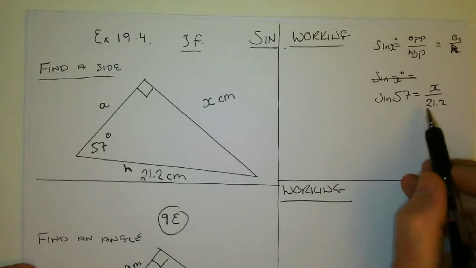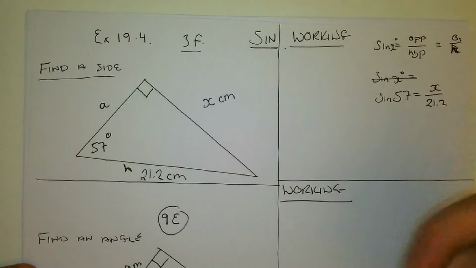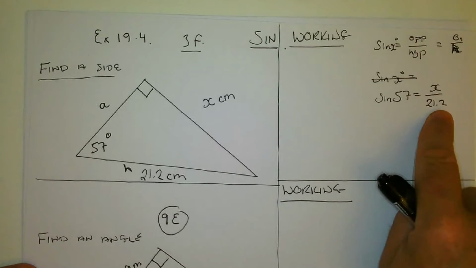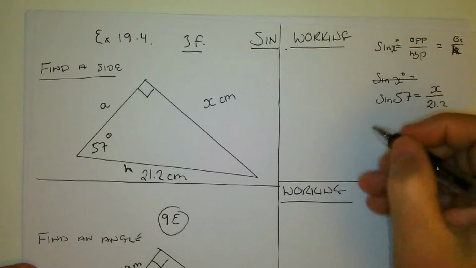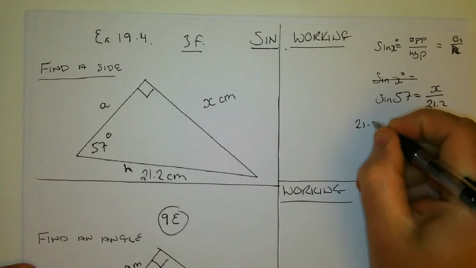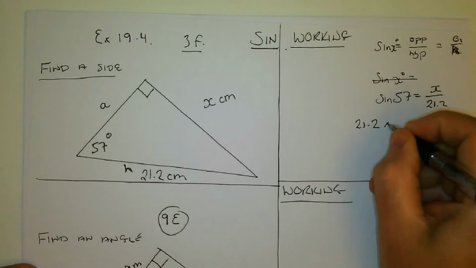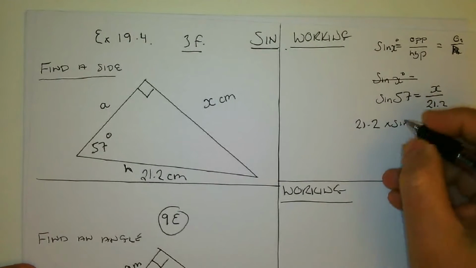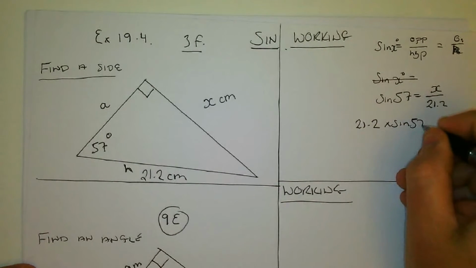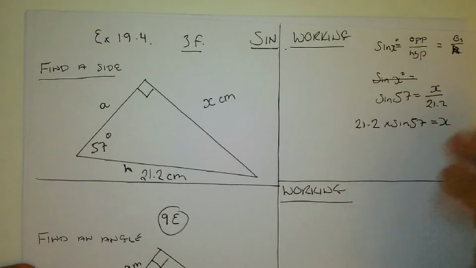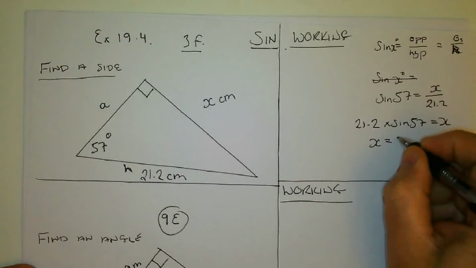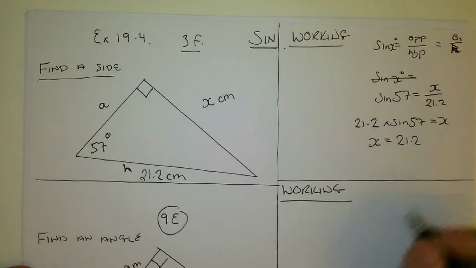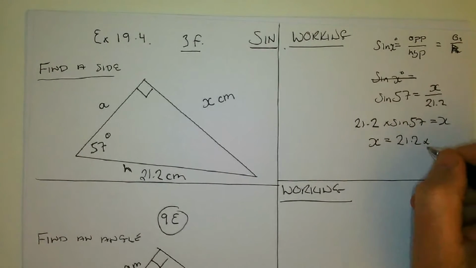Now you are good at this, you can do your rearranging skills. So move your 21.2 up to here. So 21.2 times the sine of 57 equals x. And if you want, you can flip it around. x equals 21.2 times the sine of 57.